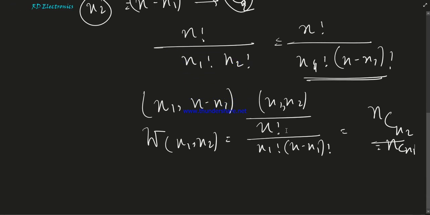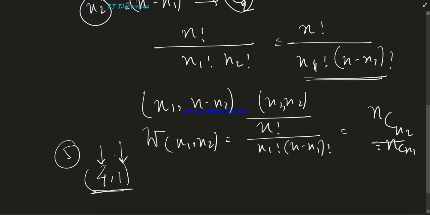For example, there are 5 distinguishable particles, and for the macrostate 4,1, in one compartment 4 particles are available, and in the other compartment there is only one particle.